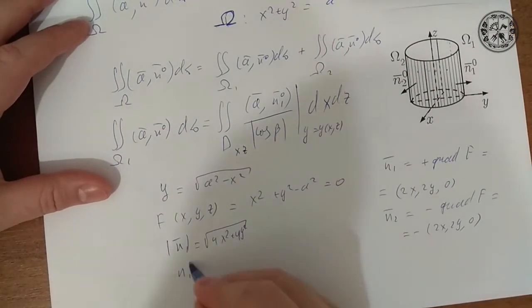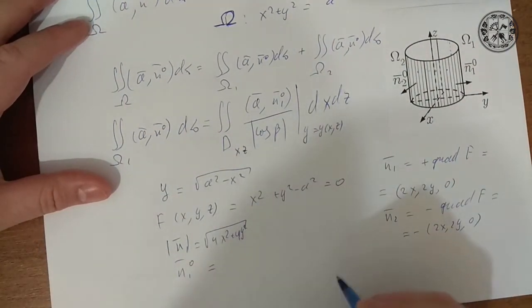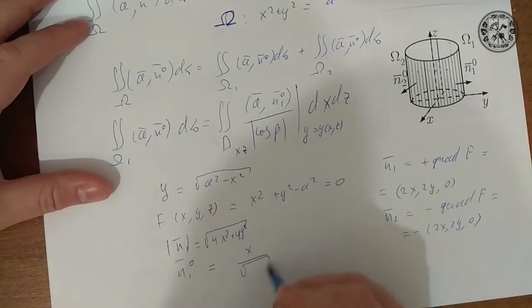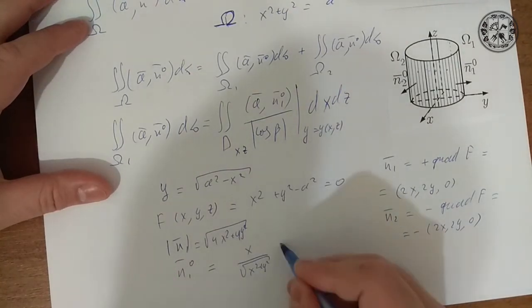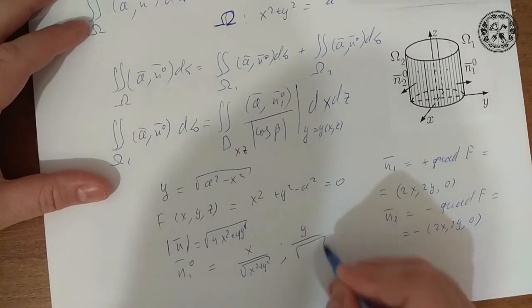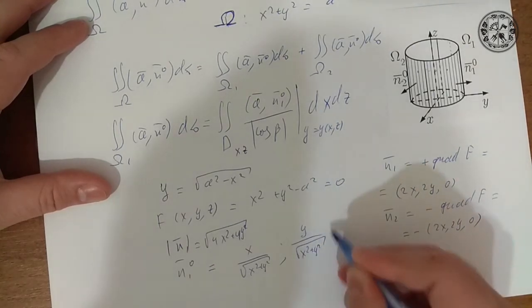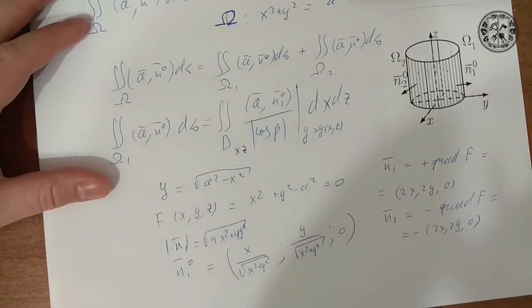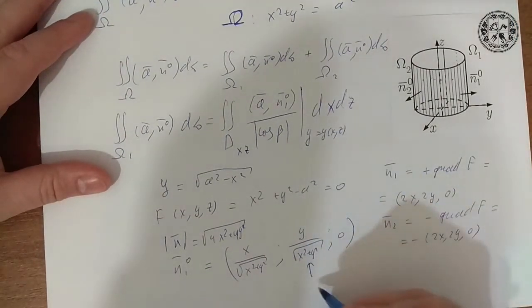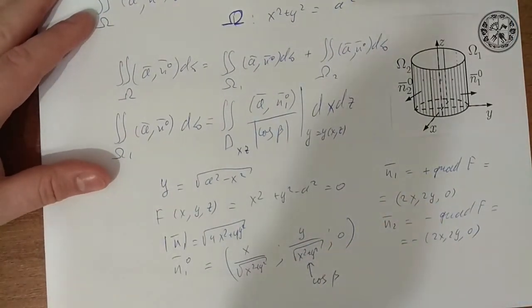So n1 0 will be x over square root of x squared plus y squared, y over square root of x squared plus y squared, 0. And this will be our cosine beta that we require.